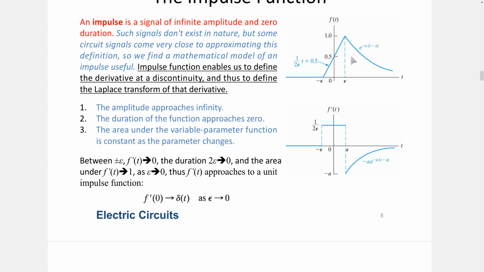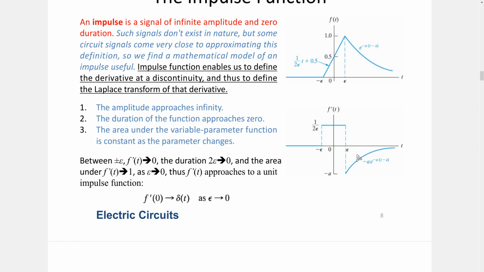When we differentiate the function, the derivative between minus epsilon and plus epsilon is taken as constant at a value of 1 over 2 epsilon. And for time greater than epsilon, we are going to take the derivative as, for instance in this particular example, minus a times e to the minus a (t minus epsilon).